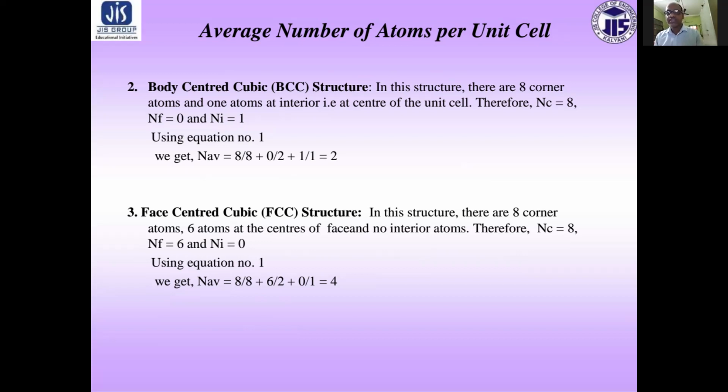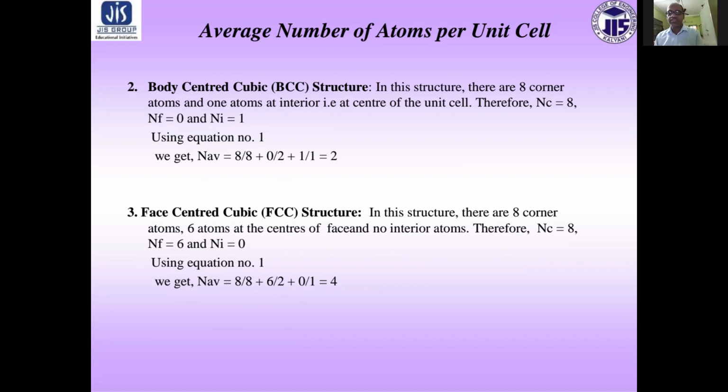In a face-centered cubic structure, also known in short as FCC, there are 8 corner atoms present and 6 atoms at the faces, and there is no interior atom present. NC is equal to 8, and for NF, the face atoms, there are a total of 6 faces in a cubical structure.